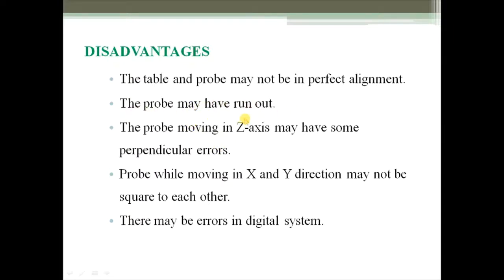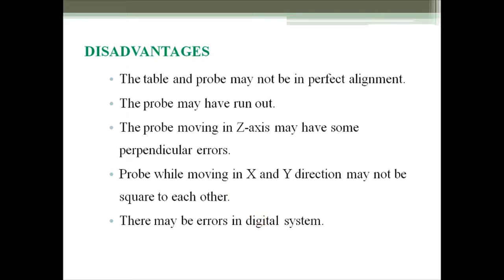This is also one of the major factors. Next, the probe moving in the Z axis may have some perpendicularity errors. Next, the probe while moving in the X and Y directions may not be square to each other. And the last, there may be errors in digital systems. So these are the disadvantages.